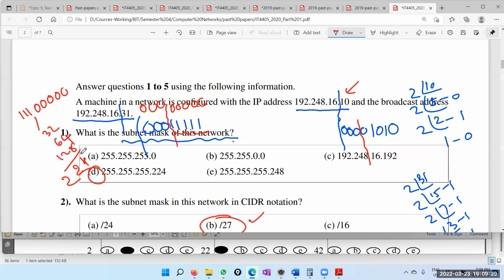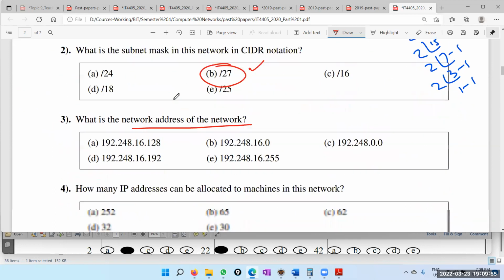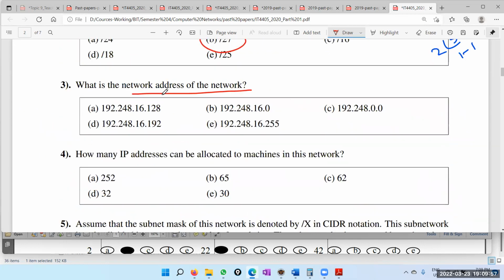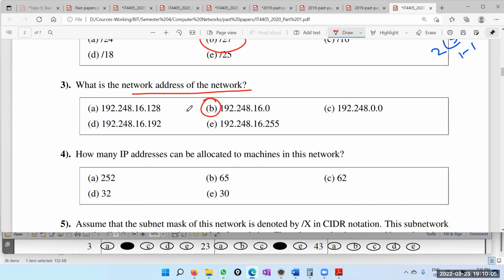So therefore, 192.248.16 and all 0 means 0. So the subnet ID is going to be 192.248.16.0. So that is B. The third one's answer must be B.